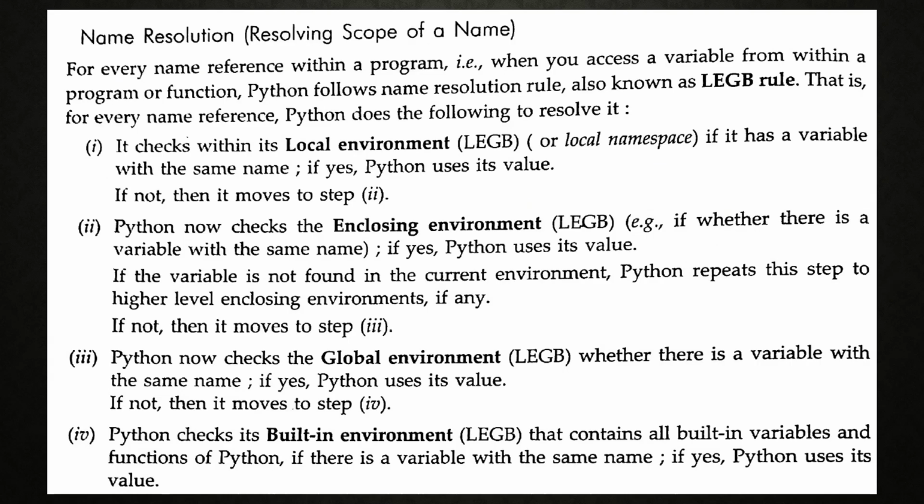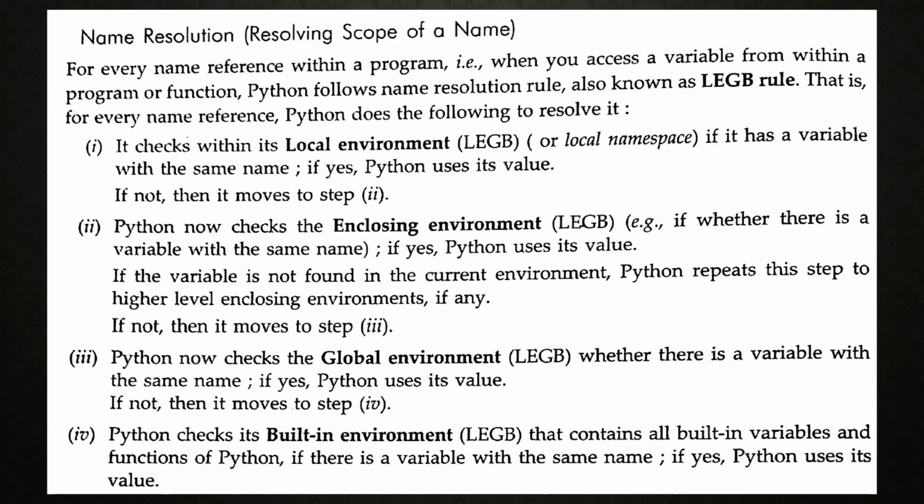Next, name resolution, or resolving the scope of a name. Actually there is a rule, LEGB, that indicates how we can access a local variable, and whether it is possible to access global variables. Just go through this one.